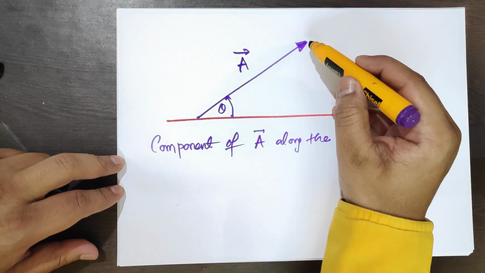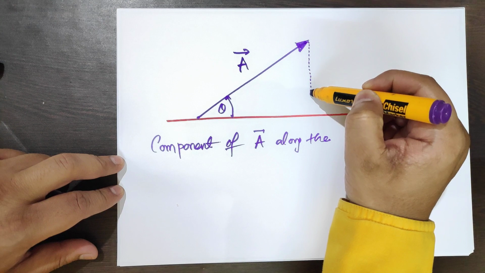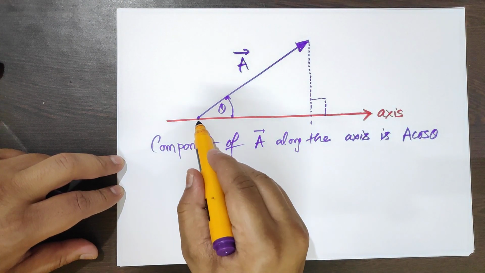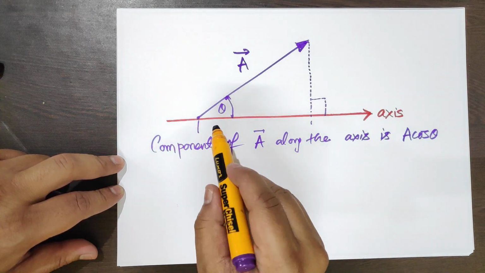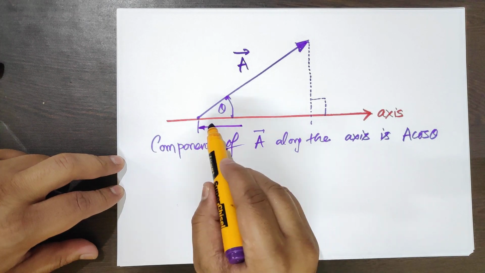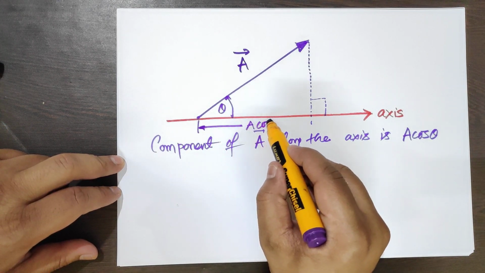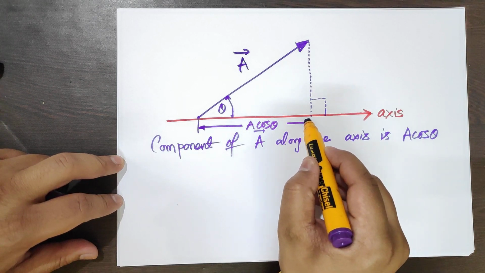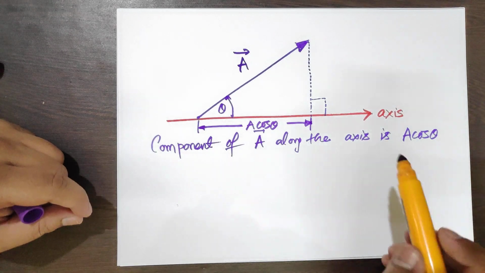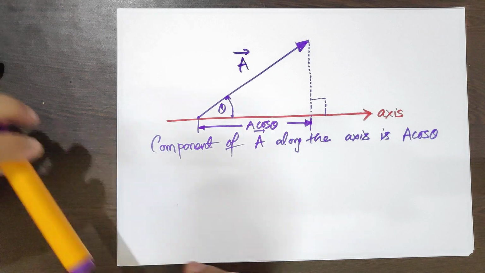That means it's not a component vector. Generally speaking, the component of a vector is not a vector. It is the projection of a vector. We sometimes say component vectors, but in general the component of a vector is not a vector. So that's A cos theta.